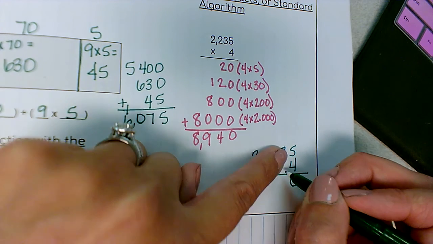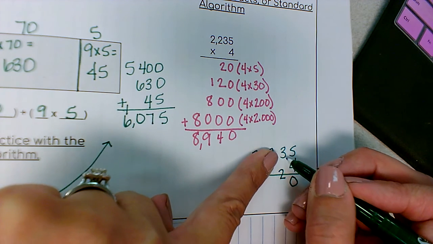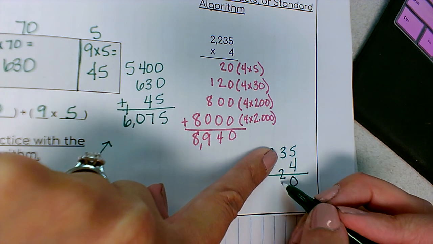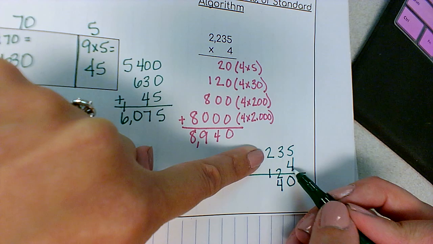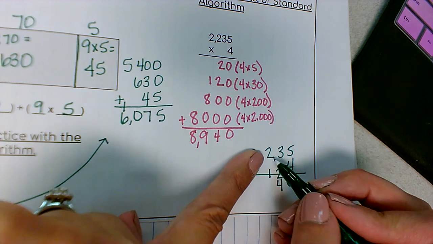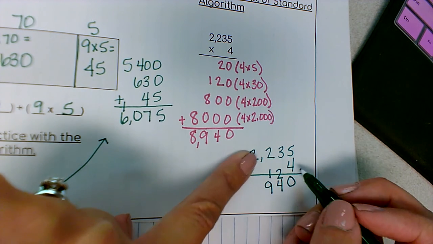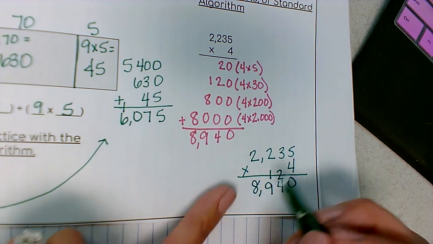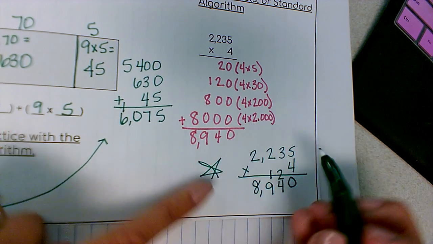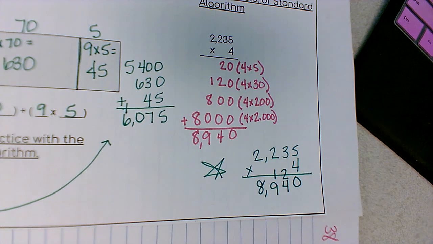I will write my 0, regroup my 2. 4 times 3 is 12, plus 2 is 14. Regroup my 1. 4 times 2 is 8, plus 1 is 9. 4 times 2 is 8. My answers matched each other, 8,940 in both of those ways.